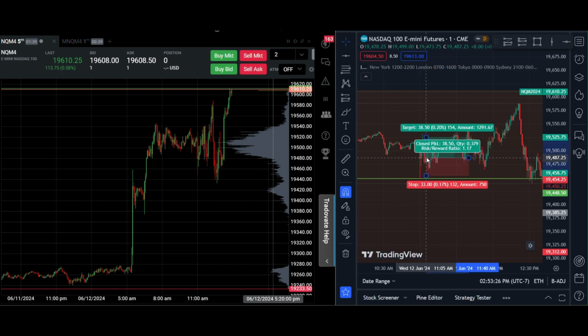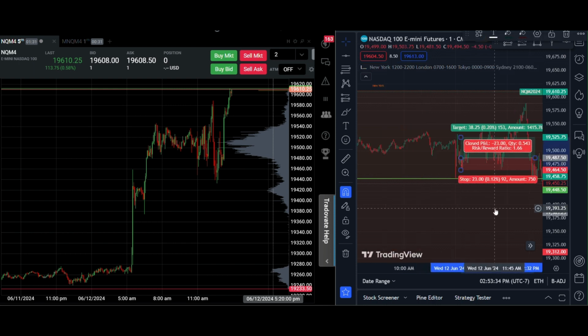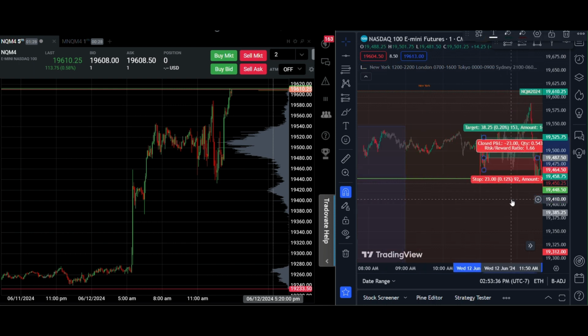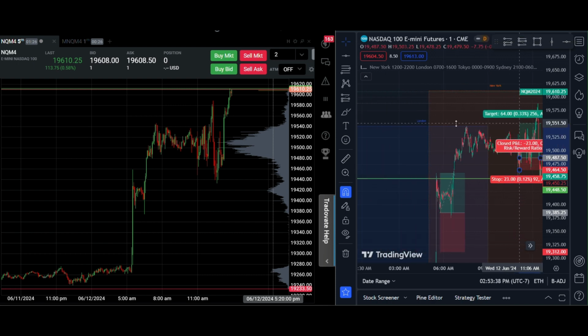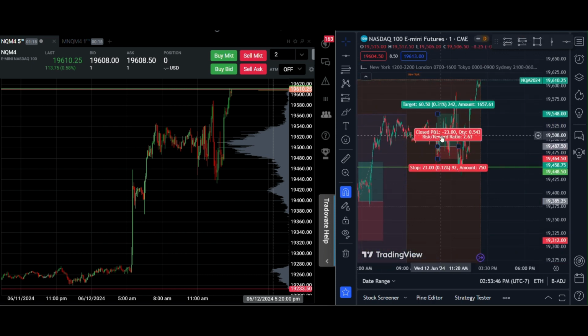Put your market structure shift at the order block, because you can't use the wicks since it didn't break the wicks; it broke using the bodies. You can see right here it entered. It almost stopped you out, but then you target the highs again. That is another 60.50 points with a 23-point risk, which is a 1 to 2.63.